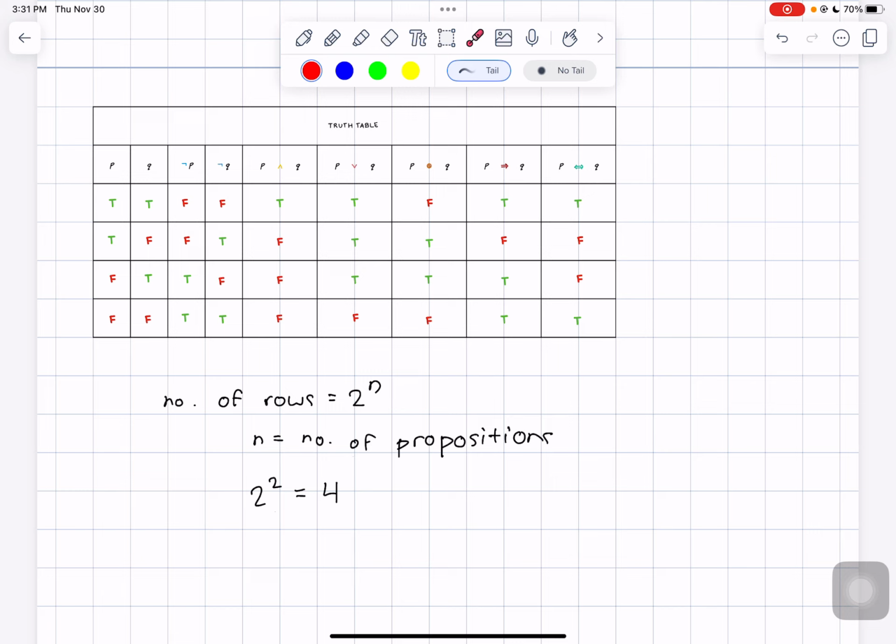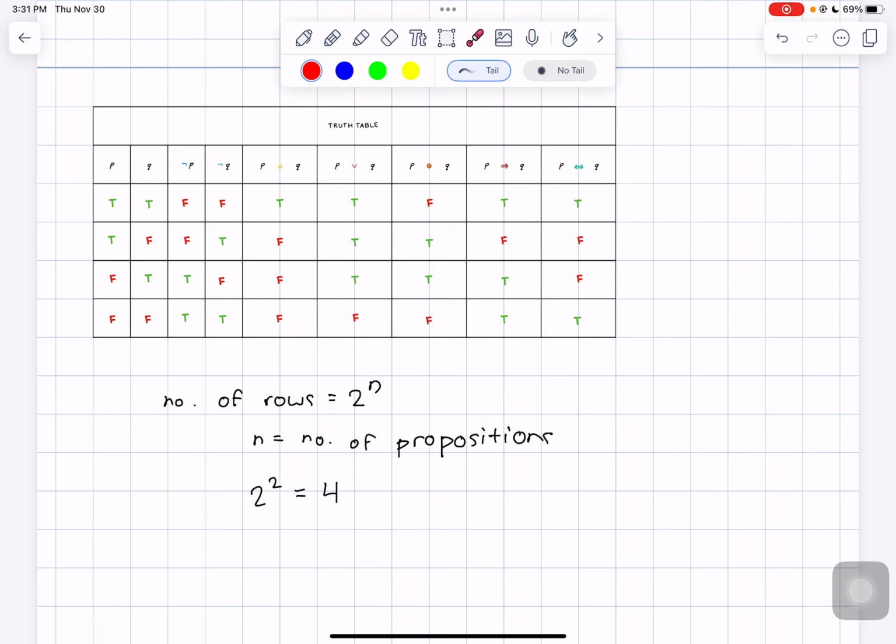Since there are 2 true here, we only need 1. Here we have true for P and false for Q, but we only need 1, so again, we have true. But take a look at this. We don't have true for any of the propositions, so we have false.